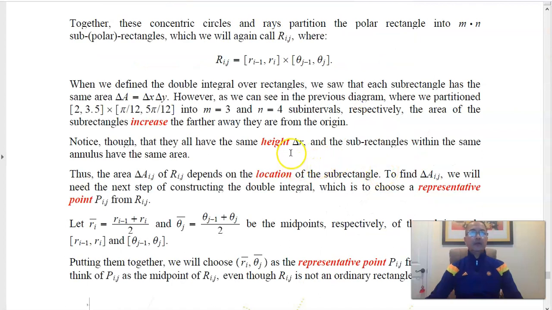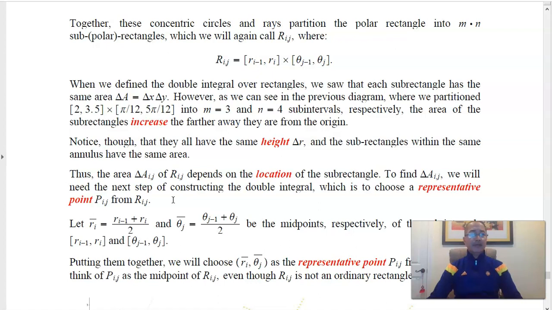Okay, so in order to find the area of these subpolar rectangles, which we call r sub ij, we're going to need to know where each of these subrectangles are located. So to kill two birds with one stone, we are going to use the next step in constructing the double integral, which would be to choose a representative point inside our polar subrectangle.